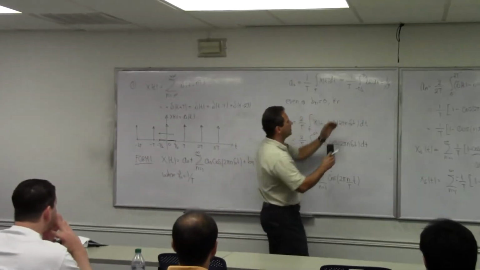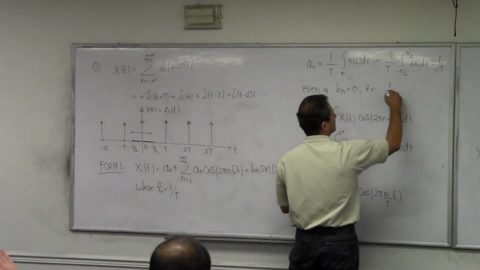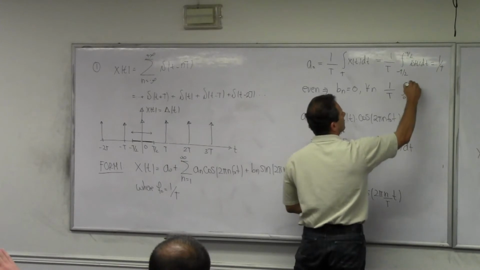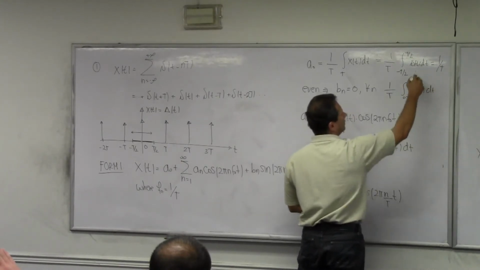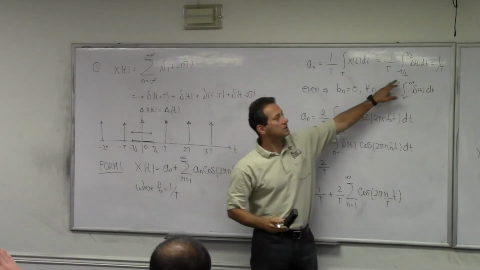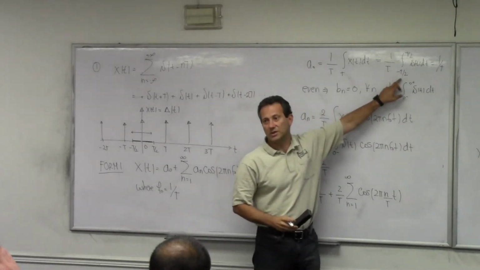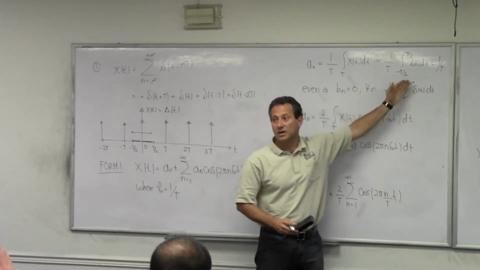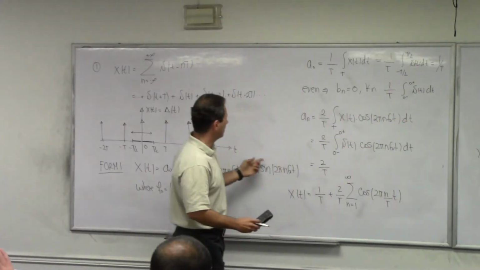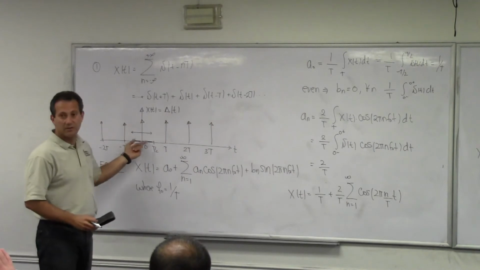There's maybe one more step that I could have inserted here: 0 minus to 0 plus of t dt, right? Because these boundaries just collapse to 0 minus, 0 plus. Because outside of that interval, delta is 0 anyway, and there's nothing to integrate.